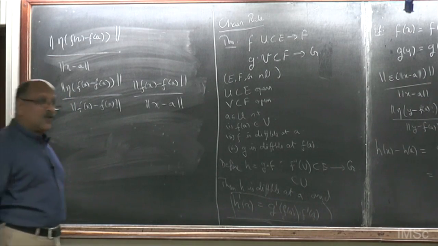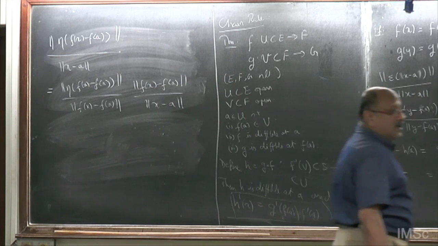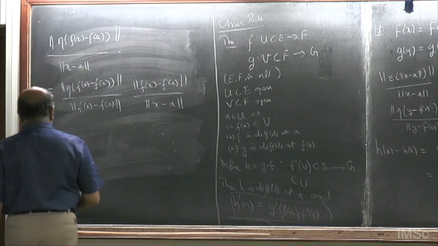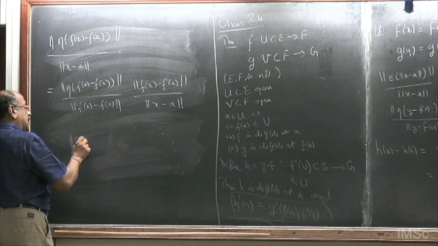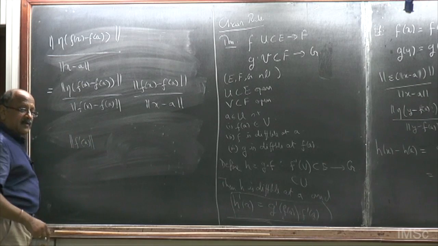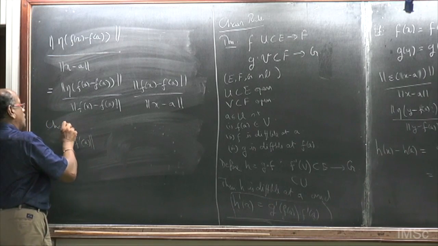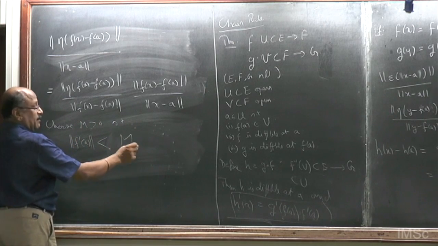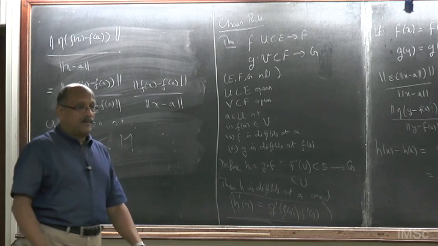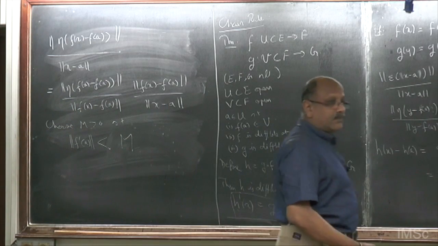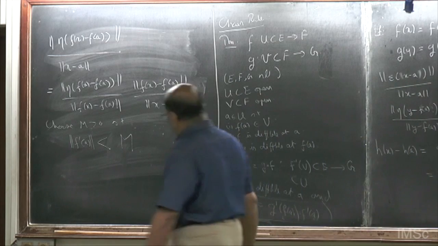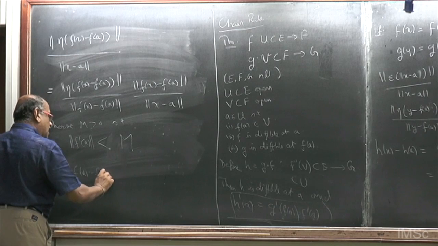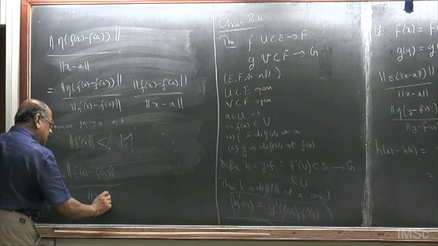And I want to show that this goes to 0 as x tends to a. Okay. So, now let us look at f dash a, it is some number. So, choose capital M positive such that norm f dash a is strictly less than M. Then what do you know about norm of f of x minus f of a by norm of x minus a?